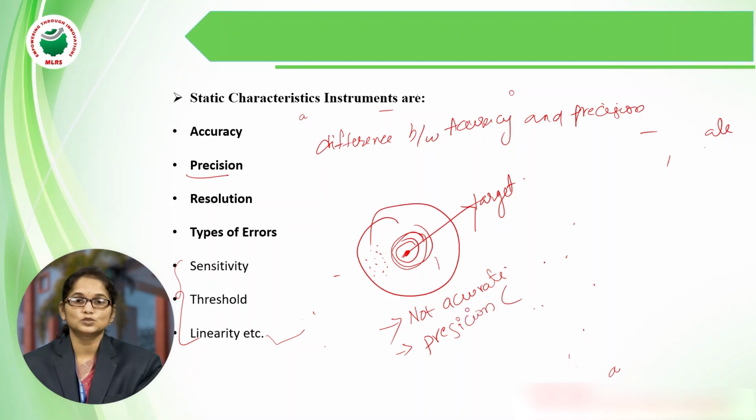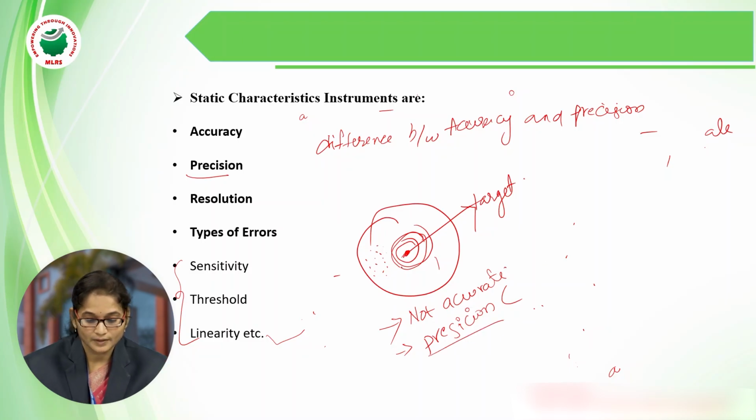The values are closest to each other, so it is precision. But they are far from the target, so it is not accurate.